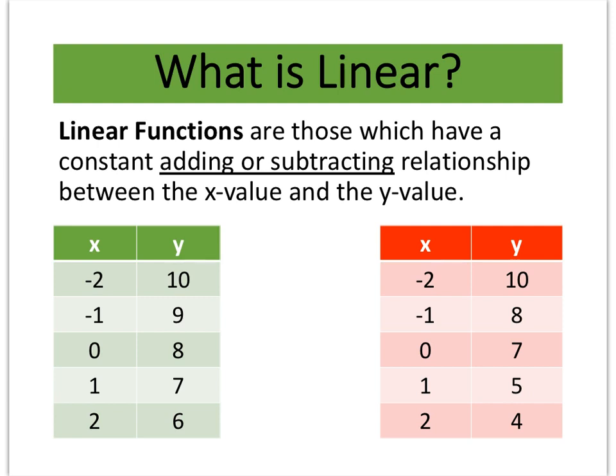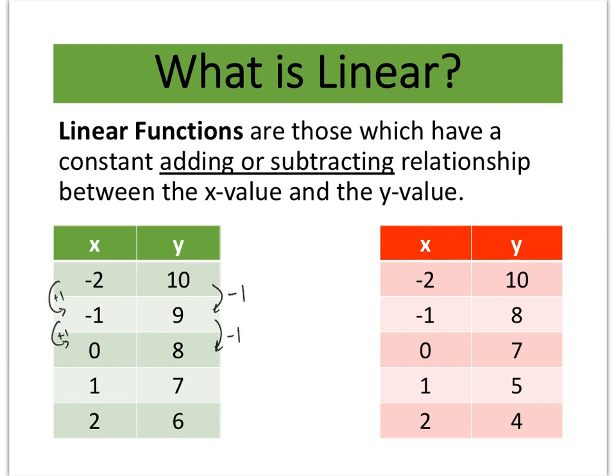So what is linear? A linear function is one which has a constant adding or subtracting relationship. And so notice in these 2 examples, as x goes up by 1, y goes down by 1. So this is a constant subtracting relationship. As x goes up by 1, y goes down by 1.